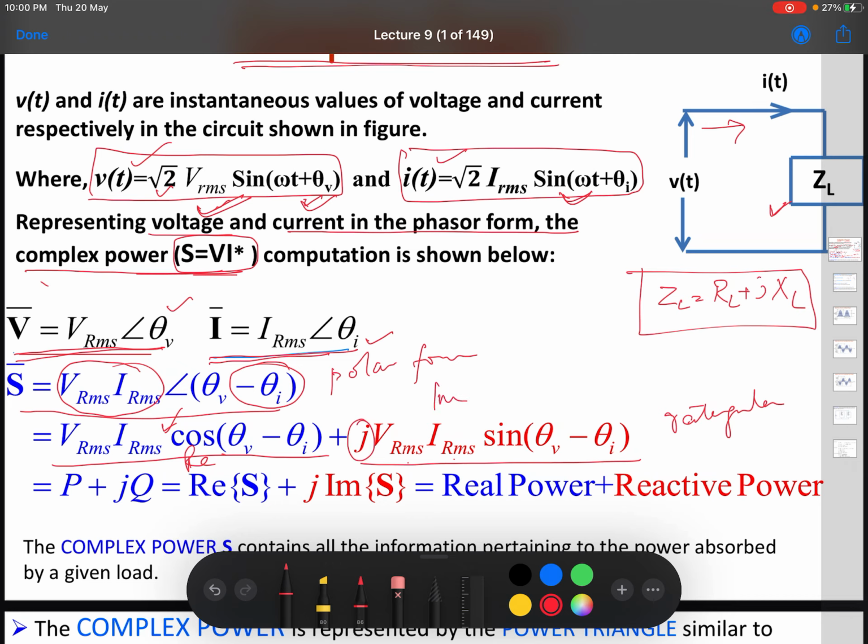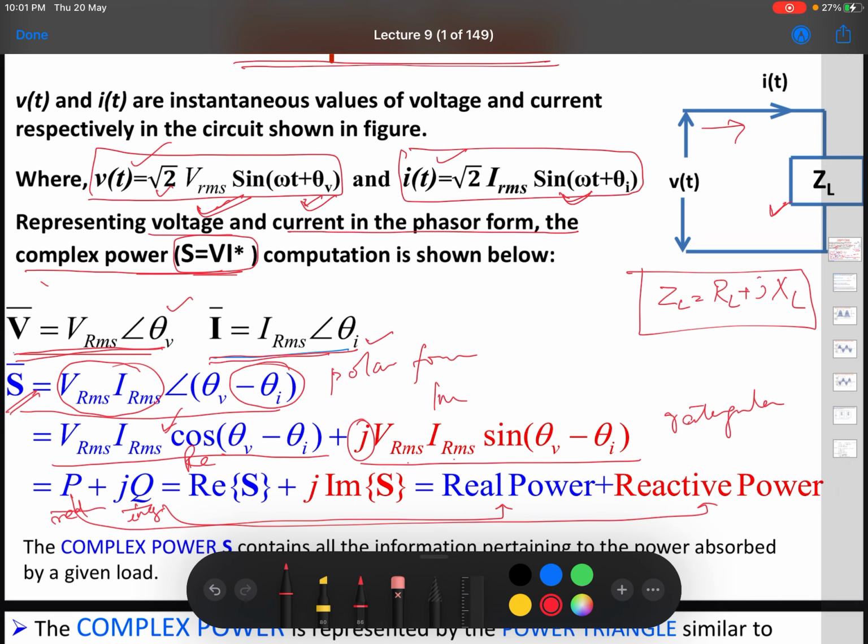So this is how the power appears when you multiply V and I. It is also complex, and can be represented in the form of P plus jQ. This is the real part and this is the imaginary part, so to say, but we don't call it imaginary. The real part is obviously called real power, but we avoid saying imaginary power because it appears as if something imaginary is happening, whereas it's not so.